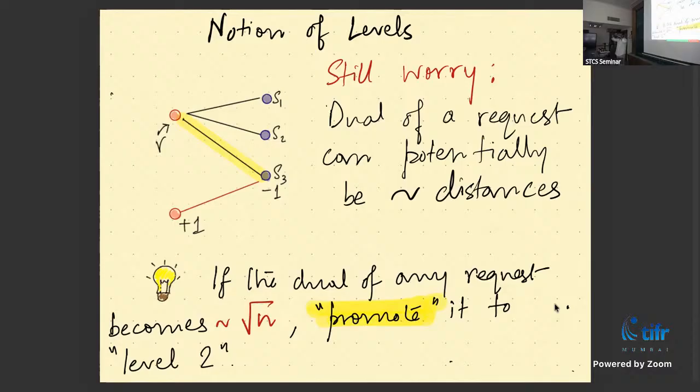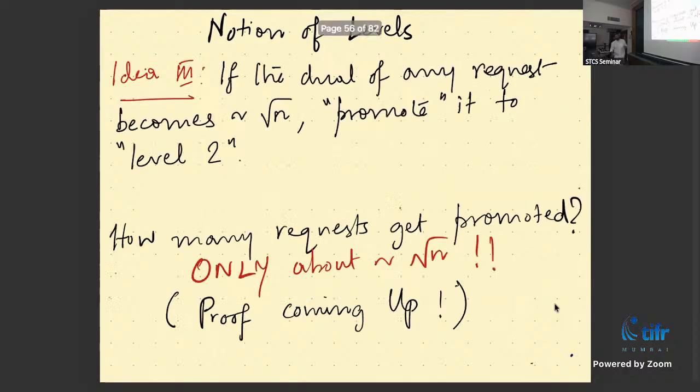I promote it to what we call level 2, and you will see why I call it level 1. So the overall picture is that when a request arrives, I try to do the push relabel, but once I find in the process that some request has reached a threshold of square root n, I just promote it to level 2 where I will do something else. The question is how many requests can get promoted?